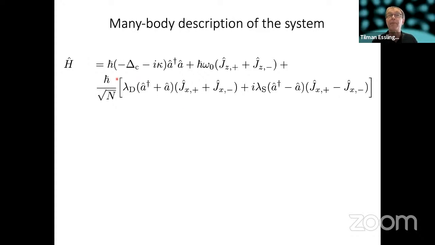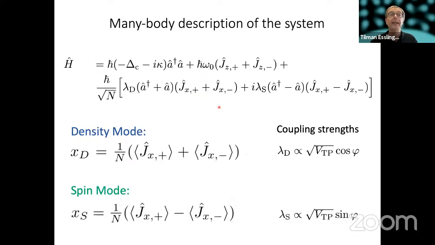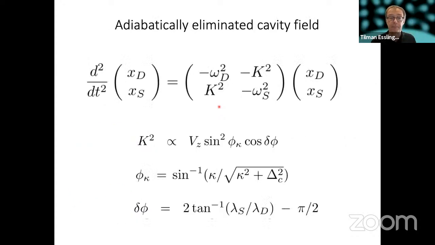The basic point is you have a coupling to the density mode and the spin mode, one through one quadrature of the light field and the other through the other quadrature, with plus and minus the two spin indices. You have the density mode or the spin mode as an order parameter.